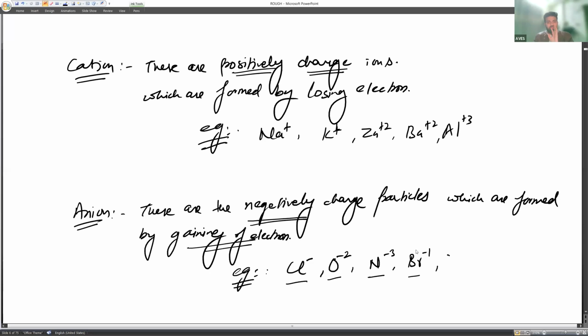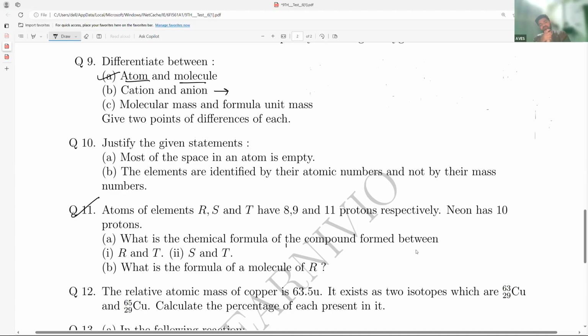Next question. What is the difference between molecular formula, molecular mass, and formula mass? What is the difference between molecular mass and formula mass? Tell me.